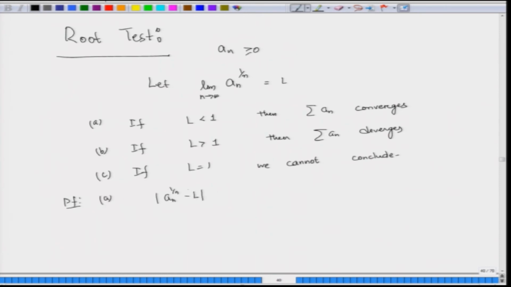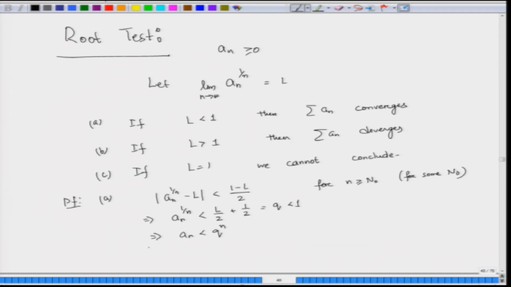If L is less than 1, this epsilon is (1 minus L)/2 for n greater than or equal to n_0, for some positive n_0. Therefore, a_n to the power 1/n is less than L/2 plus 1/2, which let me call q. This implies that a_n is less than q to the power n, and q has to be strictly less than 1, because L is strictly less than 1.